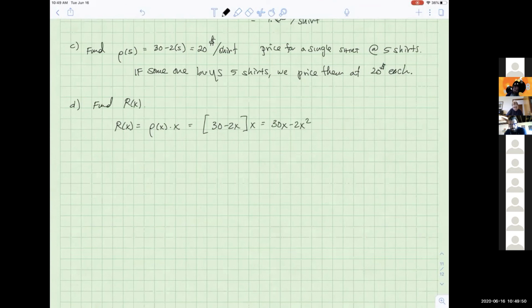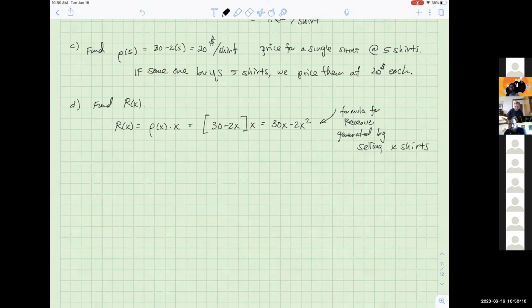And this is the formula for the revenue generated by selling X shirts. Not the profit.